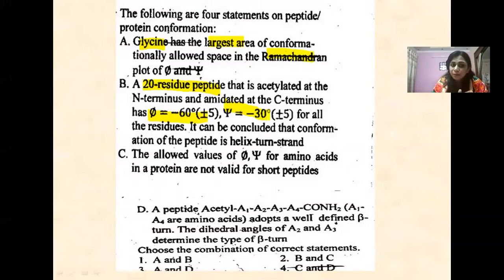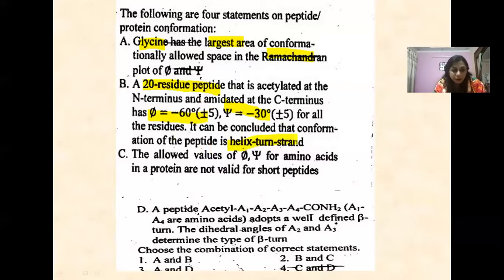At its N terminus an acetyl group is present, and at the C terminus an amide NH2 group is present. And it says that in the Ramachandran plot, the values for this peptide are phi minus 60 and psi minus 30 degree, and with the help of this, the conformation of the peptide is helix, turn, strand. Now helix and turn, these two terms cannot come together.